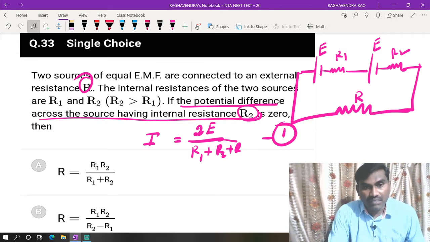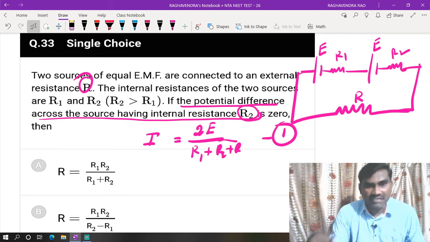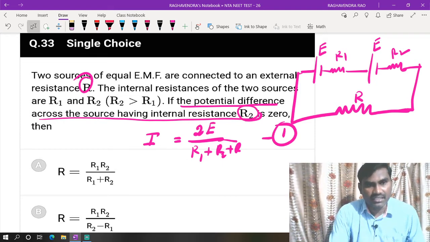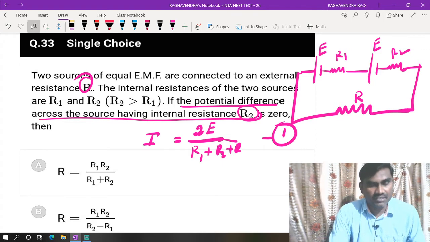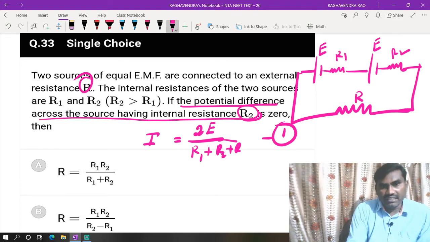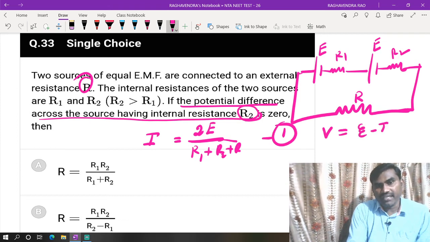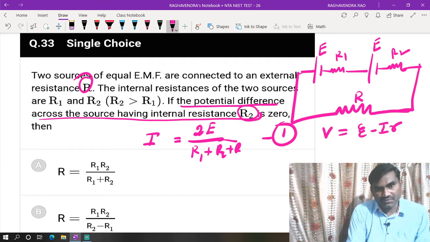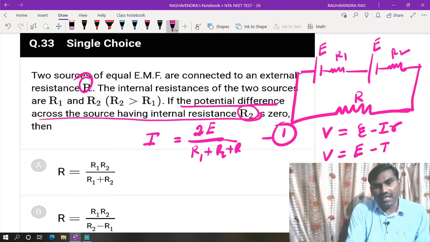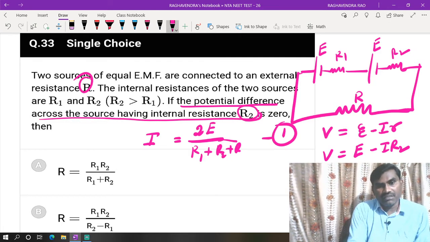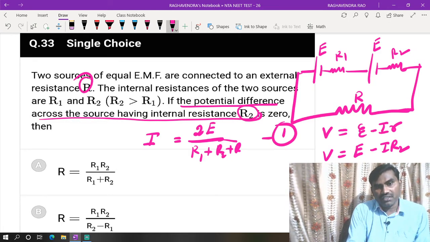But when current is passing through the cell, we call it the terminal potential difference. We can write V is equal to E minus I into r. So this will be E minus I into R2, the internal resistance, and this is equal to 0. That means E we can write as I into R2.